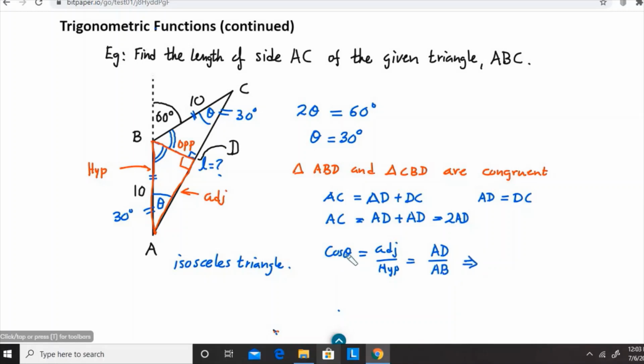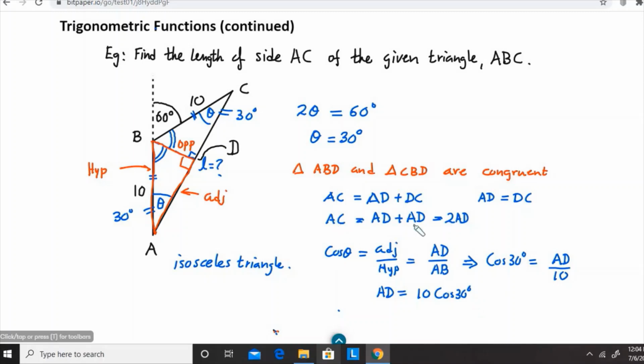Now I can substitute the values. Theta is 30 degrees, so cosine 30 degrees is equal to AD. That is what I need to solve for this problem, and AB is 10 units. So you can see AD is simply 10 times cosine 30 degrees.